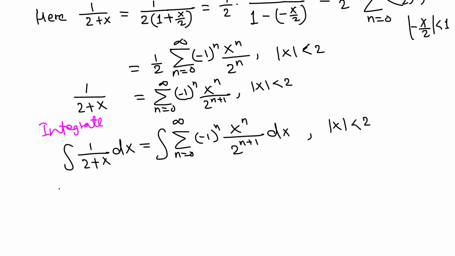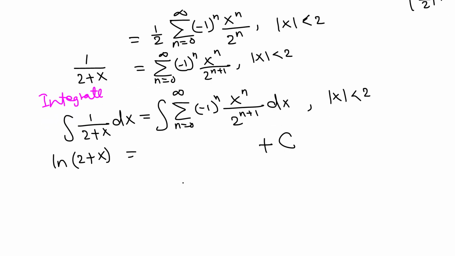And when we integrate, we get back ln of 2 plus x plus some constant, and we also get another constant from the other side, and that constant and the constant from the other side can be combined. So we can just write one constant, collectively. You don't have to write it on both sides. You can, but those constants will be different, and we can combine them to get just one constant.